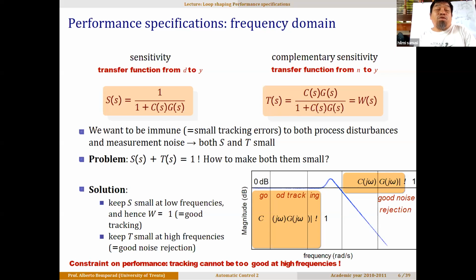Then we have the open loop system magnitude to be 1. So this will be very good for tracking. To keep the tracking error small at high frequency, this will have good noise rejection.